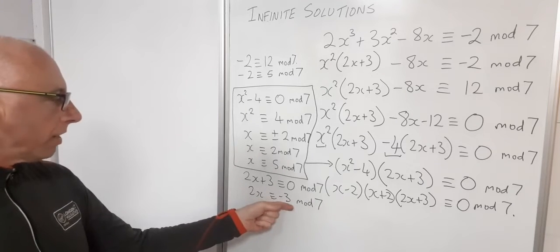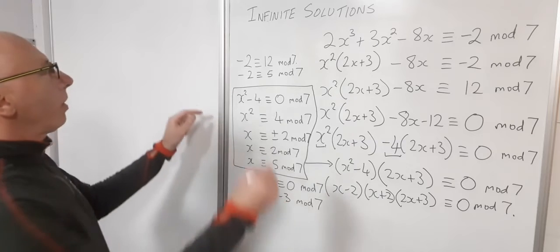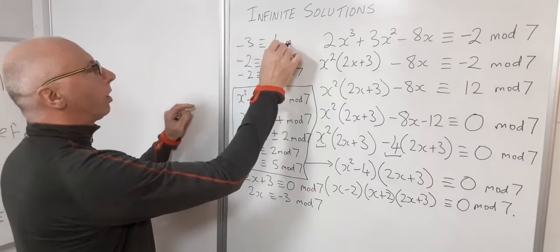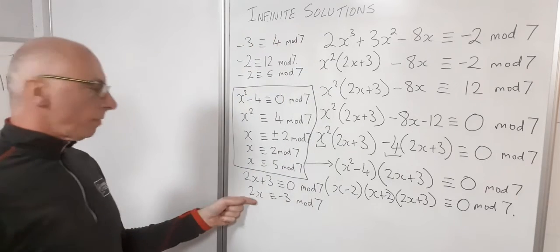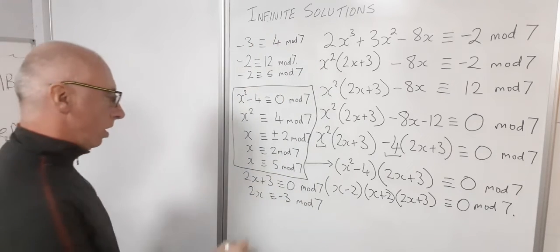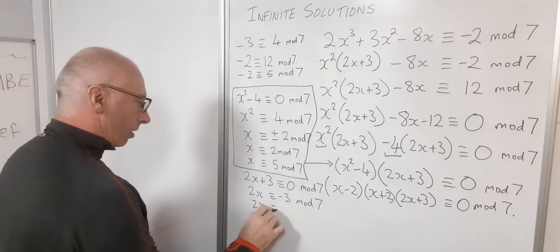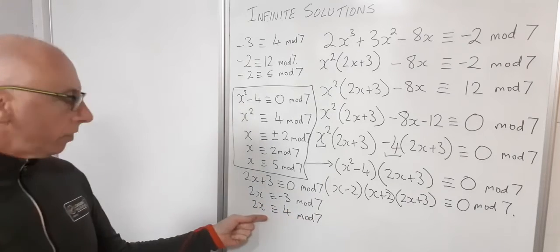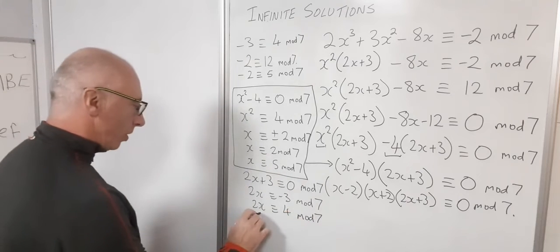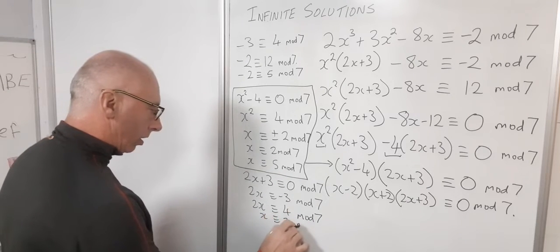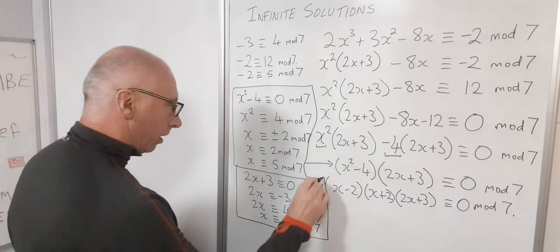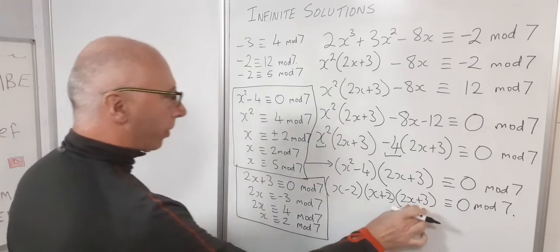Well, if I just add 7, so I've got minus 3 is congruent with 4 mod 7. That's something I can then divide by 2. So 2x is congruent with 4 mod 7. So therefore, for here, my x is congruent with 2 mod 7. And that would take care of this part of the grouping.